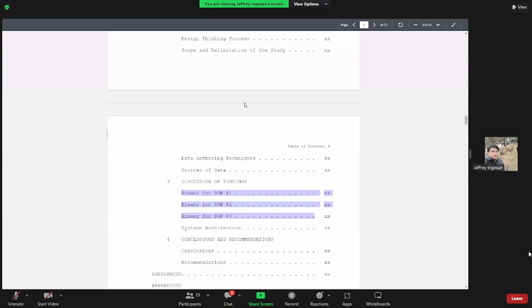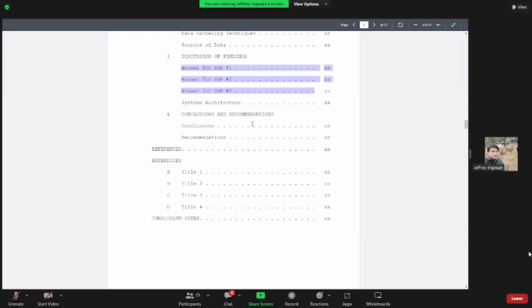So if you are one of these few students, because I know there are only around 2 or 3 of them, where an additional SOP was included focusing on the systems architecture, if your statement of the problems or objectives of the study include a statement on systems architecture, then you remove this. But for the rest, for most of you, you do not have any SOP or any objective on systems architecture, so you include this. This is mandatory.